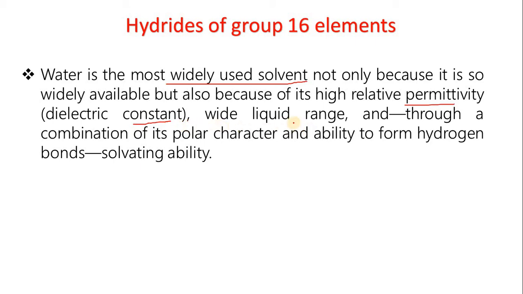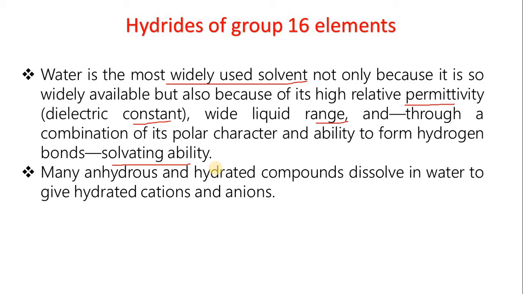It has a wide liquid range from approximately 0 to 100 degrees, and through a combination of its polar character and ability to form hydrogen bonds, it has solvating ability. So there are very important properties of water which make it a very useful solvent. They are the high dielectric constant, the liquid range, and the ability to form hydrogen bonds.